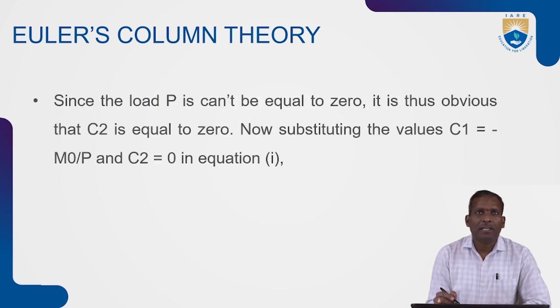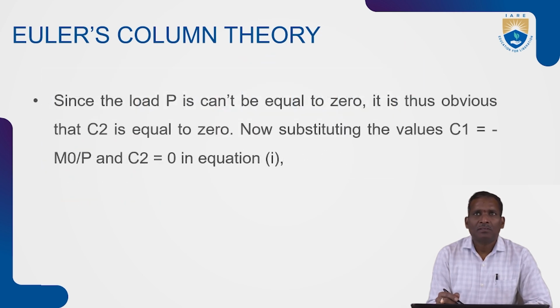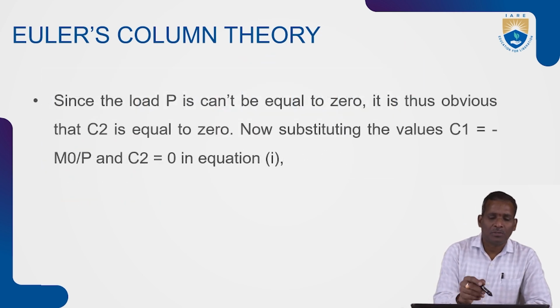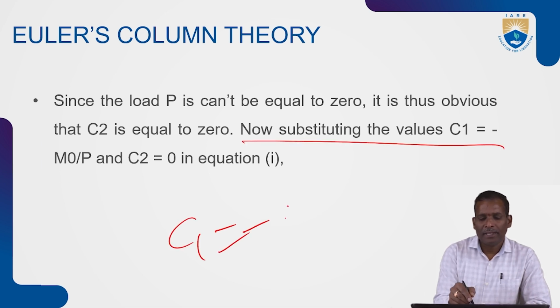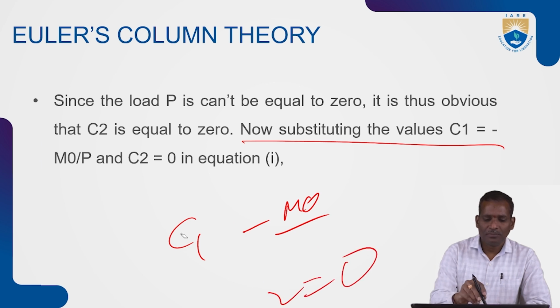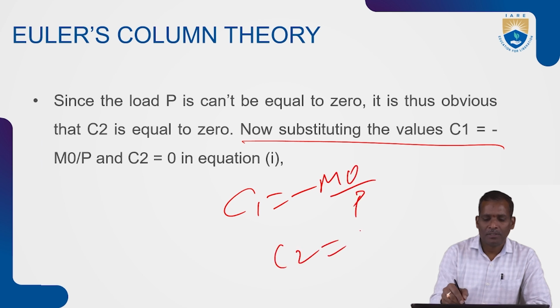Since the load P can't be equal to 0, obviously C2 is equal to 0. Now substituting the values, C1 is equal to minus M naught by P and C2 is equal to 0 in equation 1.